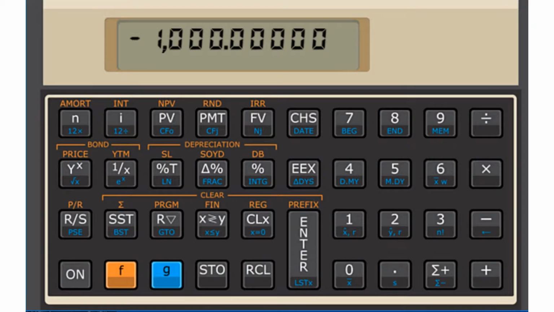Now we need the number of quarters in the investment horizon. As already noted, that was T times N, or 10 years times 4 quarters per year, which gave us 40. We enter that in the N register, and then we've got the interest rate per quarter, and we do specify this as a percentage rather than as a decimal. So we enter 1.25. Recall we had 5% interest divided by 4 quarters.